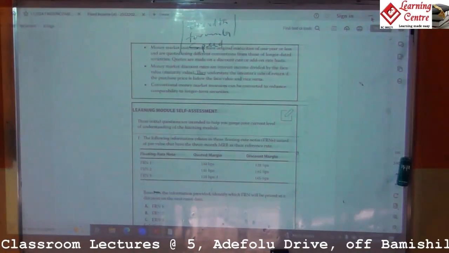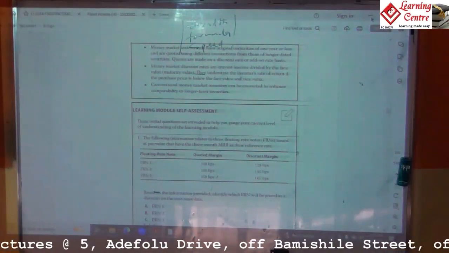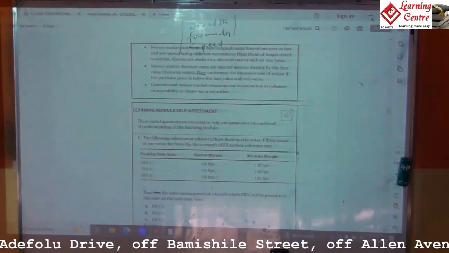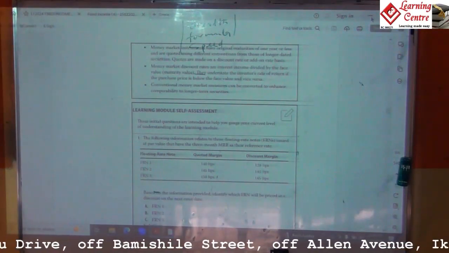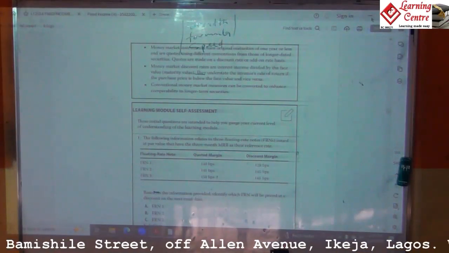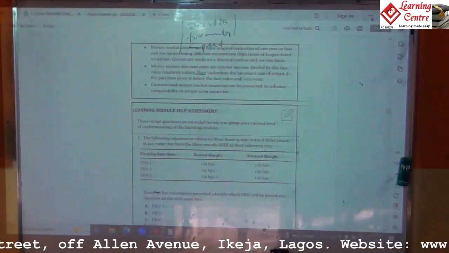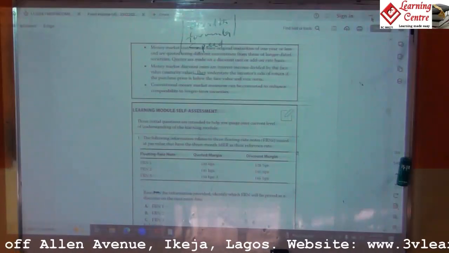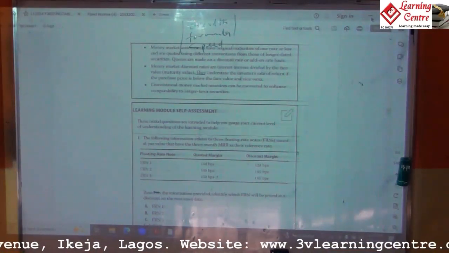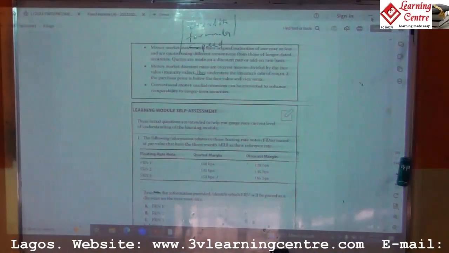What happens when our yield is lower than the coupon rate? When yield is lower, discounting is at a lower rate, so that means the price is at a premium.